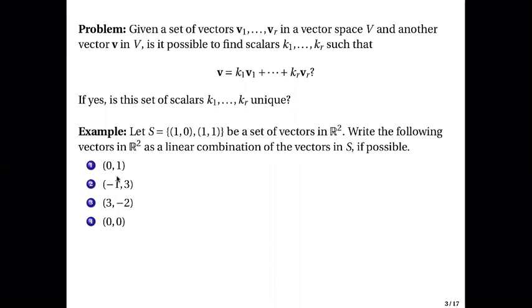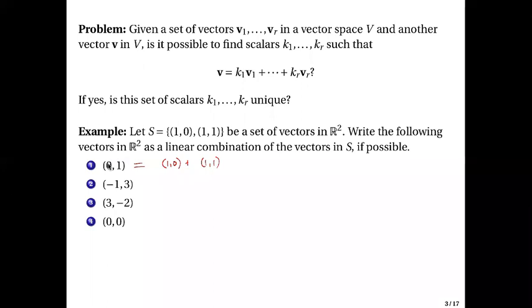Okay, so for the first vector here, you have (0, 1). So we can easily find that (0, 1) can be written as follows. So we have the vector (1, 0) plus something, you have your (1, 1).